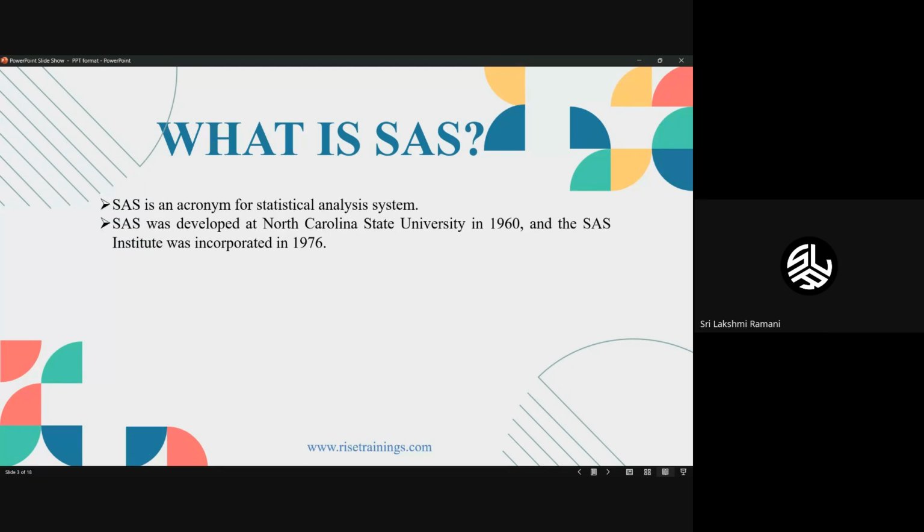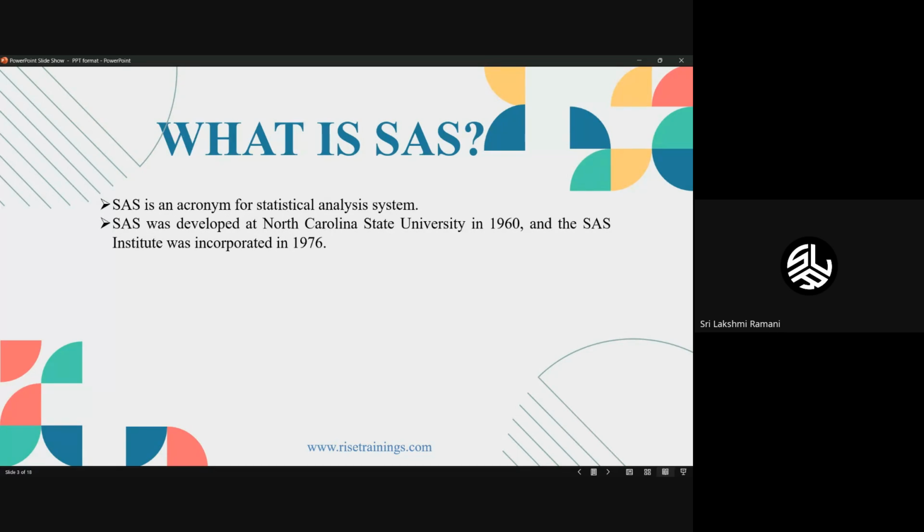in 1960. And this institute was incorporated in 1976. In the early stages of 1960, Goodnight and Jimbar started working on the SAS language, and they developed the SAS tool also.